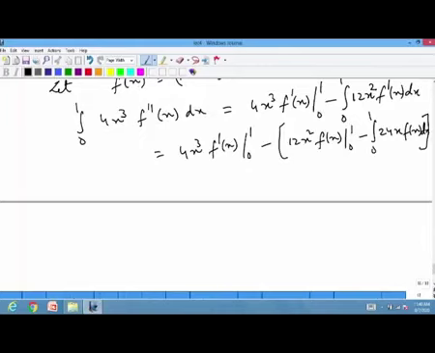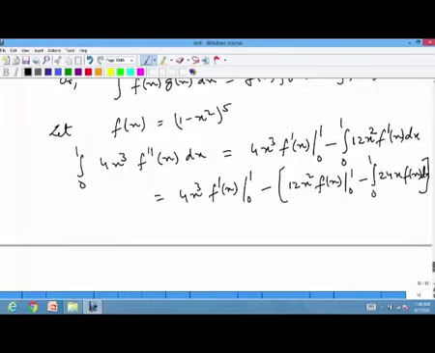Now, since f(x) is equal to (1 minus x squared) to the power 5, what is f prime at 1? This will be equal to 0, because you can differentiate this and then put x equal to 1, you have a factor of 1 minus x squared. So, that will be equal to 0. Or you can notice that x equal to 1 is a repeated root of this function f(x), and therefore f prime 1 must be equal to 0.